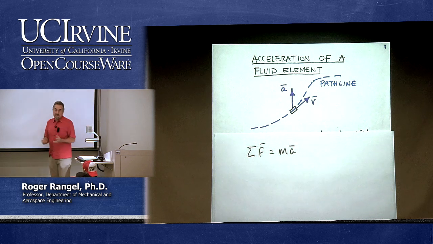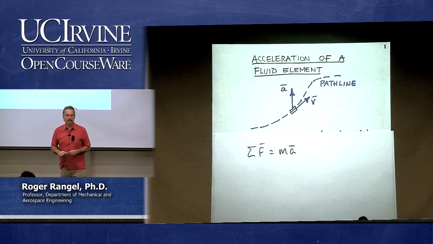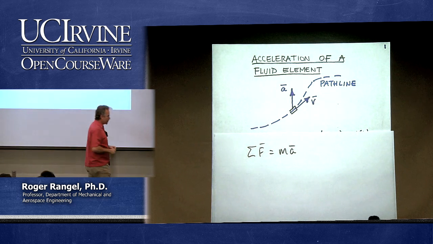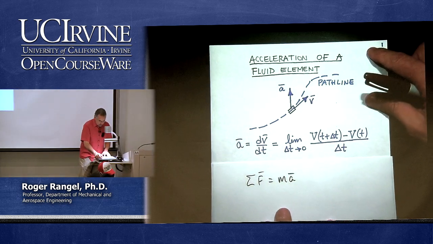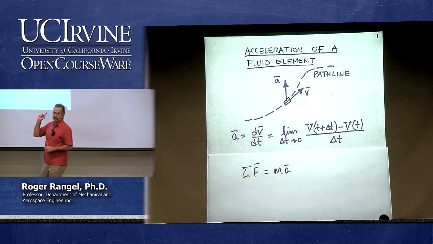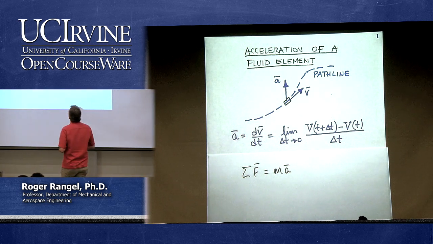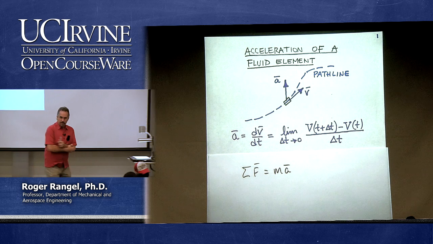So in Lagrangian mechanics, you ask yourself the question, if I know the velocity, how do I find the acceleration? You take the time derivative. In Lagrangian mechanics, that is what you might call a piece of cake. If I have the velocity as a function of time, I take the derivative, and that gives me the acceleration. And you might recall the definition of the derivative from calculus.